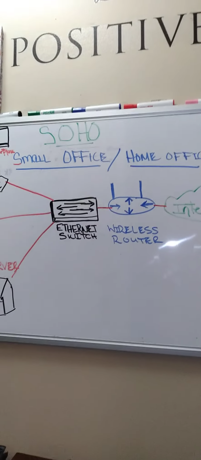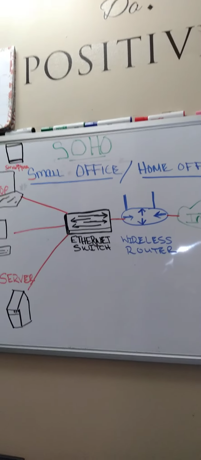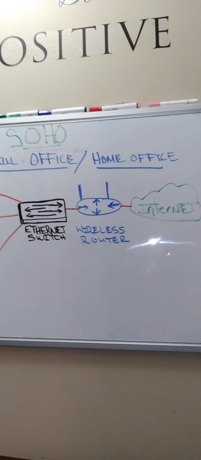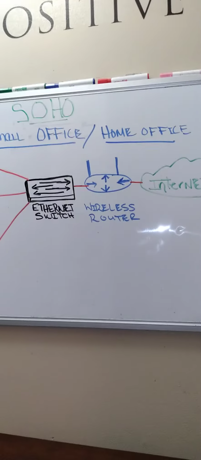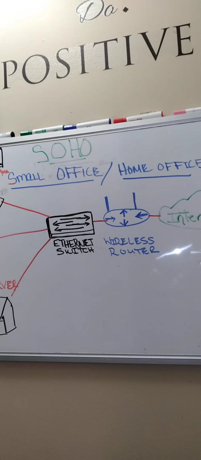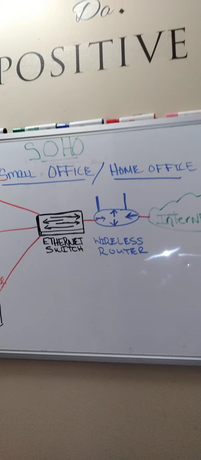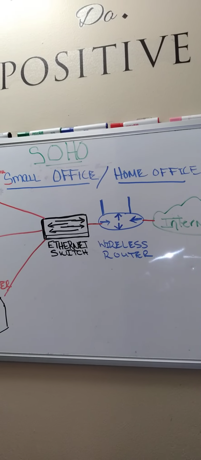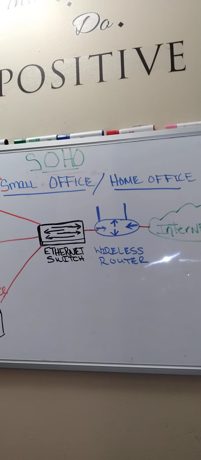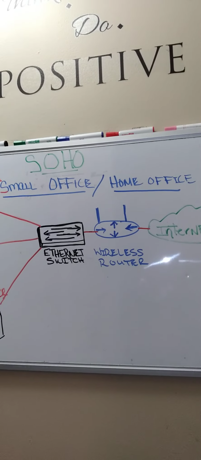So hardwired devices connect into the Ethernet switch. So now everybody can get everywhere. Consumer grade wireless routers typically have a firewall built in for security, which is what we discussed earlier.